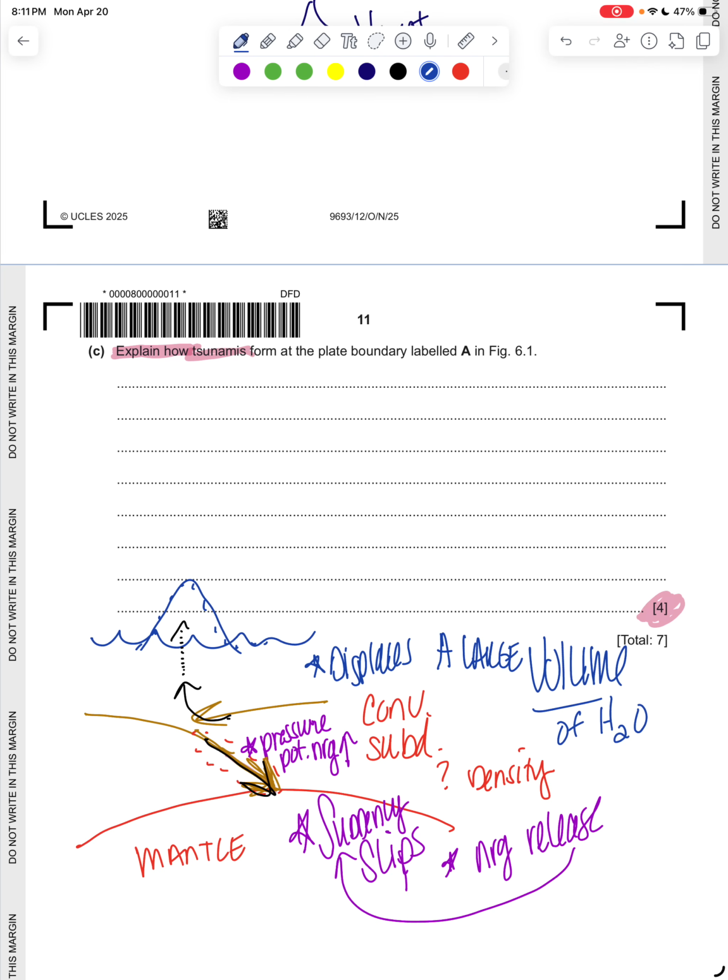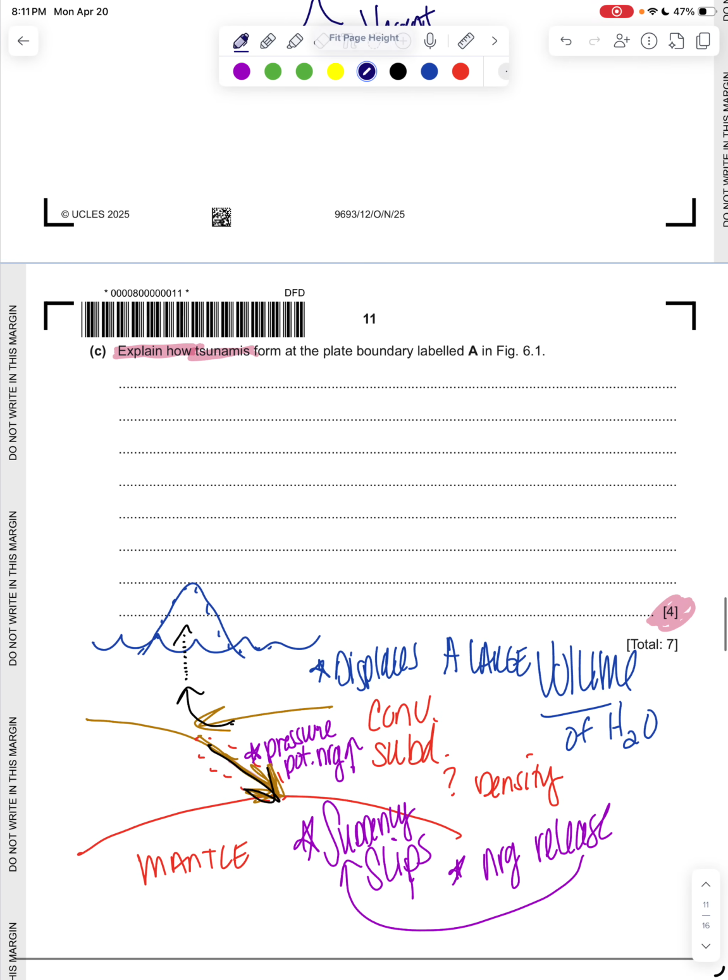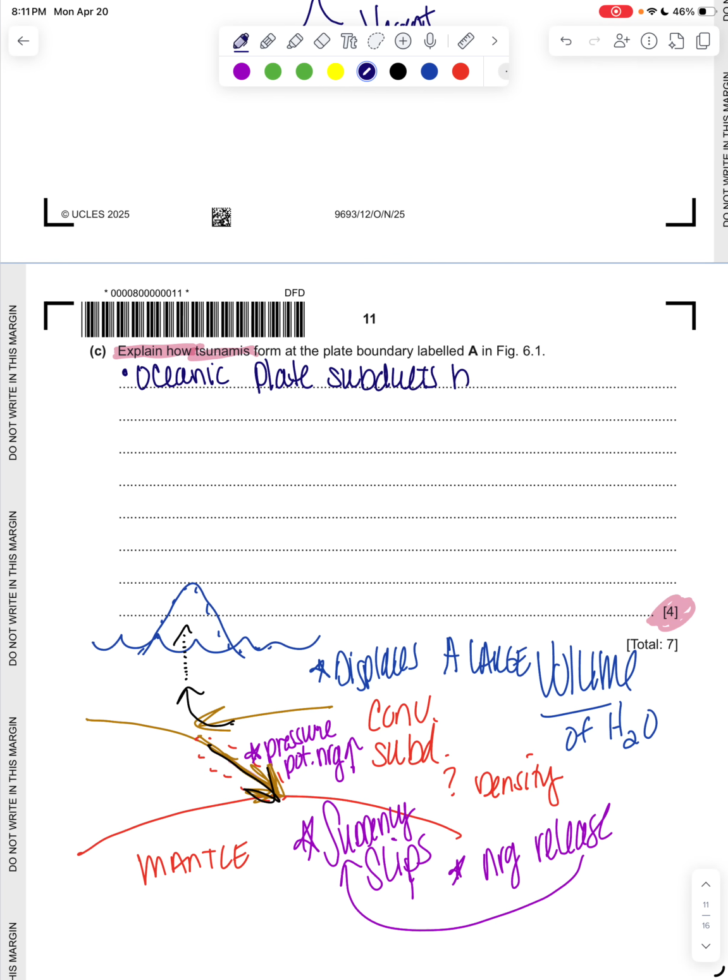All right. Give you a moment. The oceanic plate subducts below a continental plate. I'm going to put PL8 now.